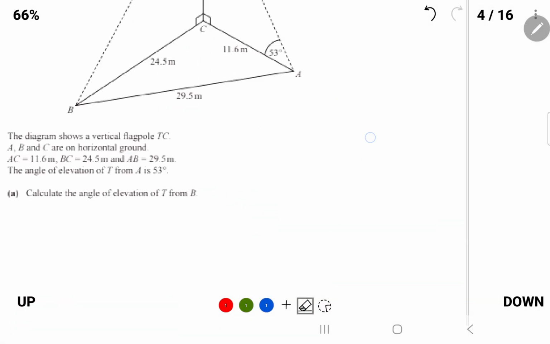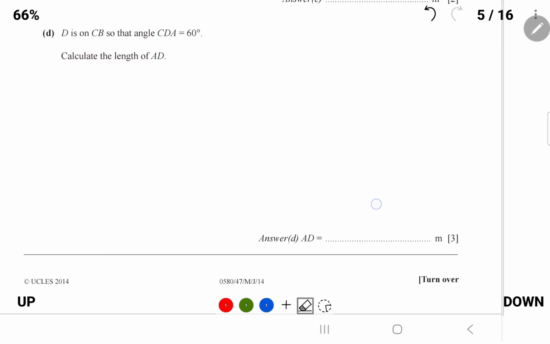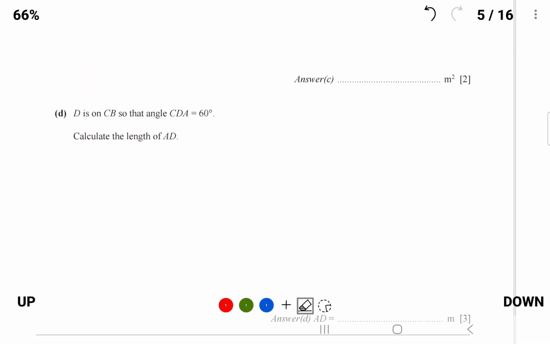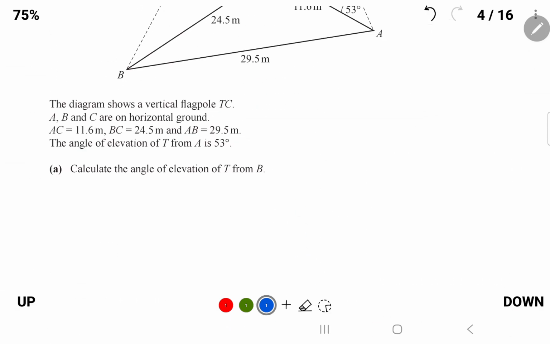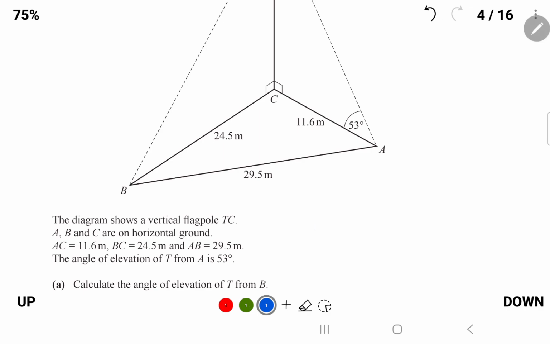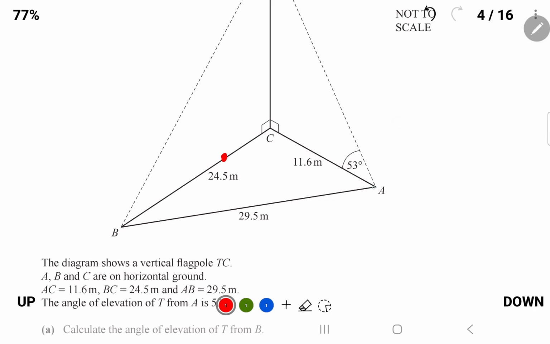Let's see now the next question. D is on CB, so that angle CDA is 60. Calculate AD. So D is on CB. Here is D. It is on CB, such that this angle here is 60.